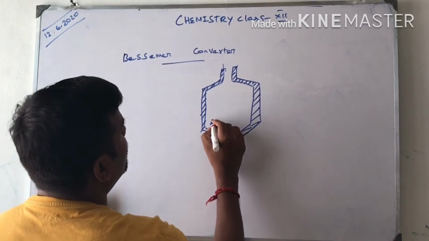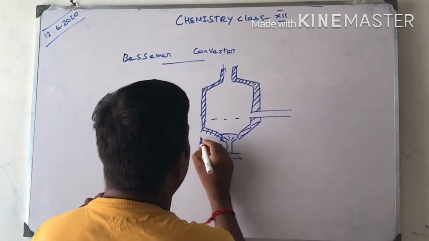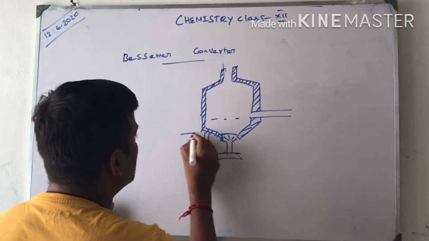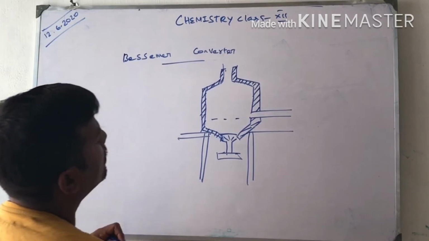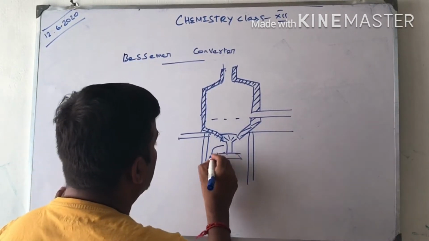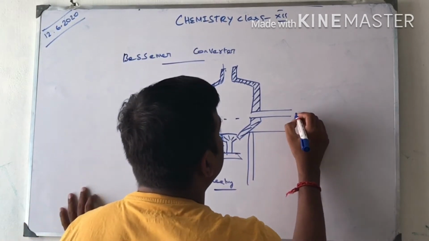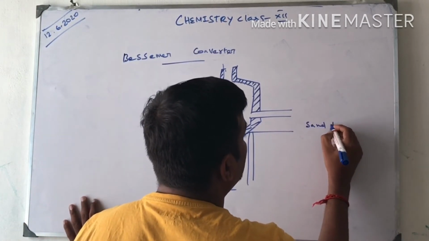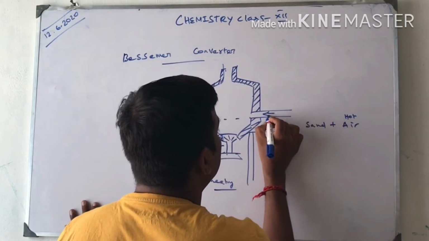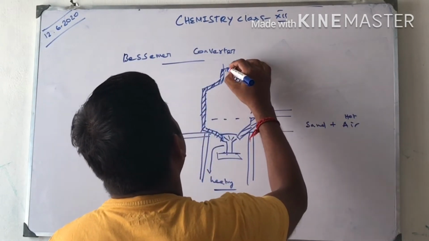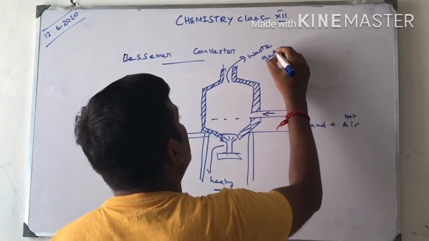So here molten iron is connected with a pipe. A stand is there to hold the Bessemer converter. This is heating. Sand plus ore, sand plus hot air are passed in this converter. Then waste gases come out.